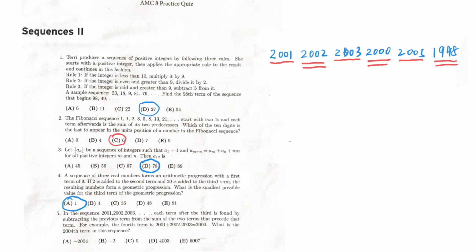So the sequence goes like this: 2002, 2000, 1998.